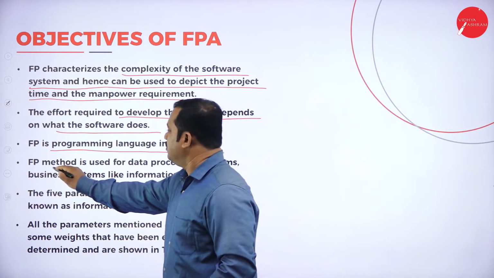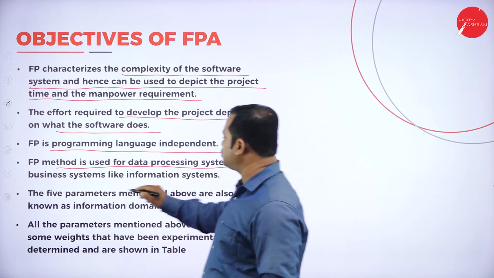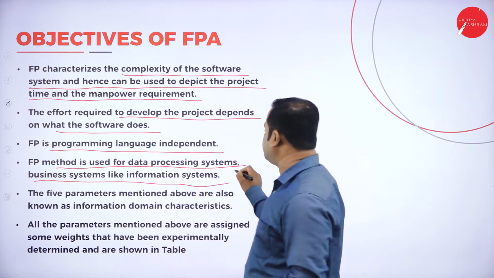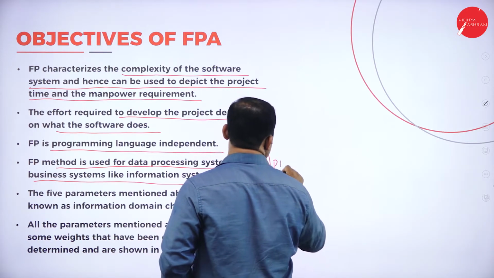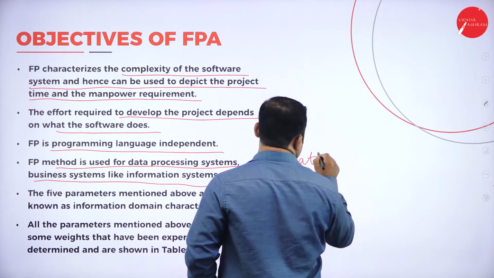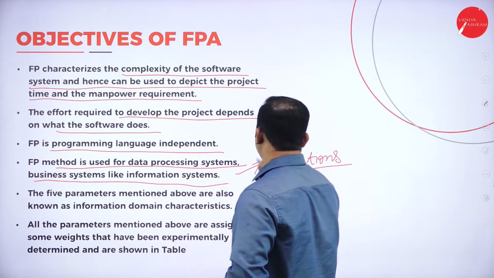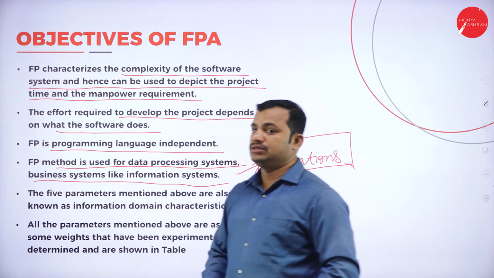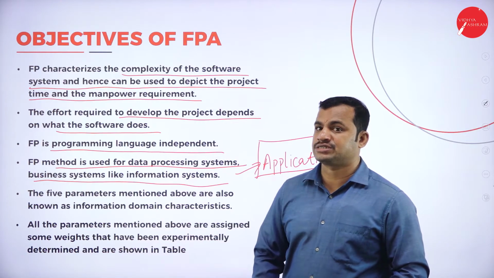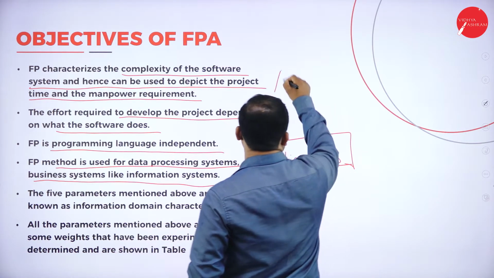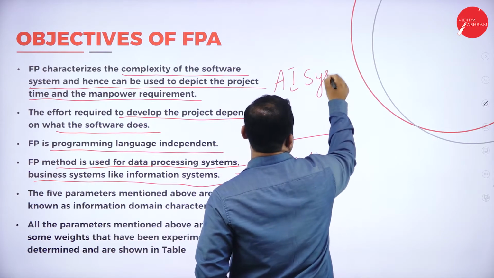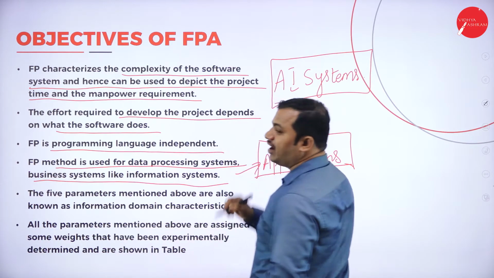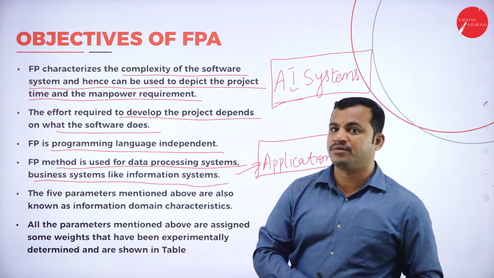Then the function point method is used for data processing systems and business systems like information systems. These are a few of the applications that help you to determine how the function point analysis can be determined for various applications. Then we also have the intelligent systems, also called artificially intelligent systems, which need to be assessed based upon the number of function points defined in the program or in a software product.